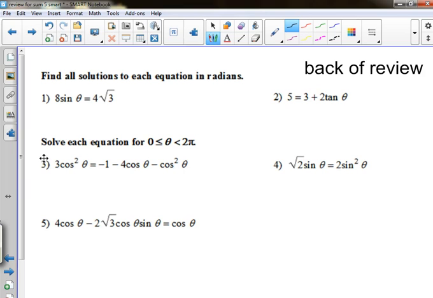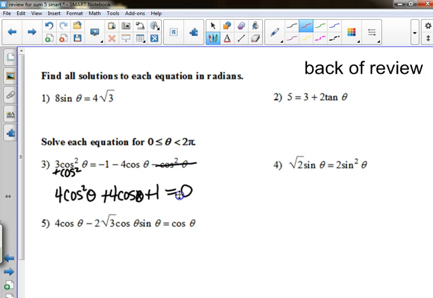Ideas? Somebody get us started. If we add this cosine squared to this cosine squared over here, right? We have 4 cosine squareds. Can I go ahead and move everything over there so it's equal to 0? Plus 4 cosine of x plus 1, or theta, sorry, equals 0.